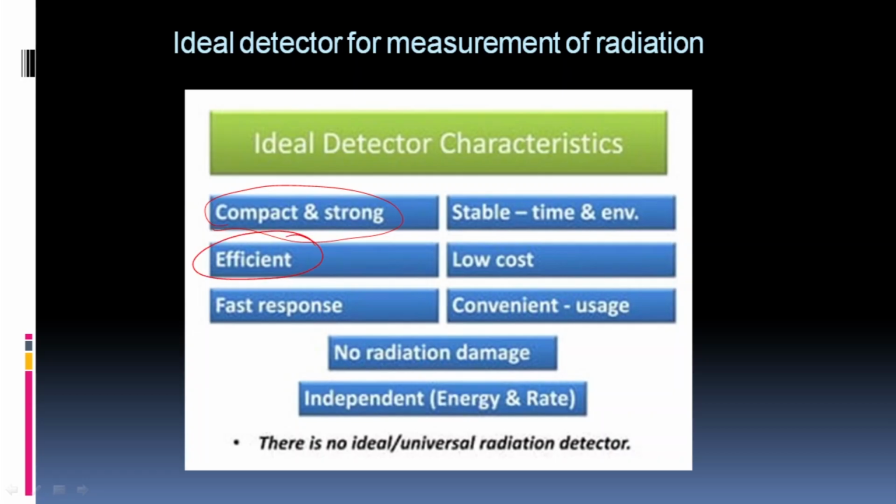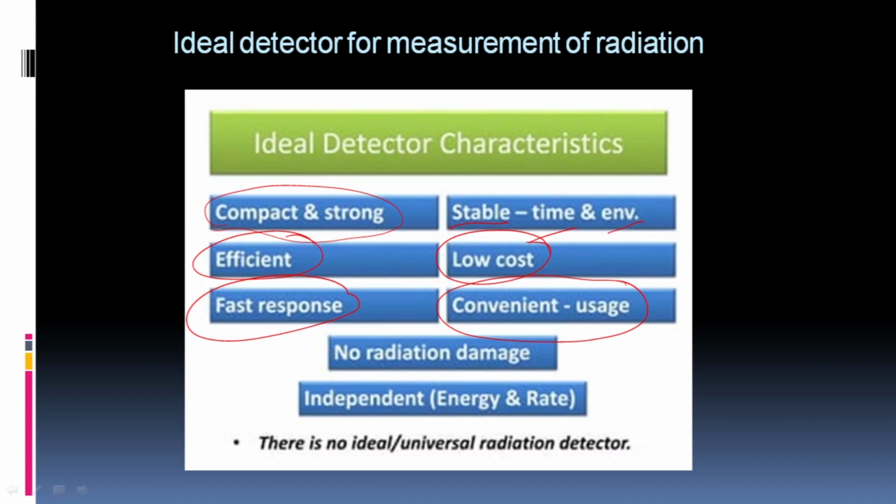My next point is it should respond very fast. After exposure to the radiation, it should show the radiation effect and we can measure the radiation instantly. It should be stable in terms of time and environment, and it should be low cost. The cost should not be very high, and it should be convenient to use.